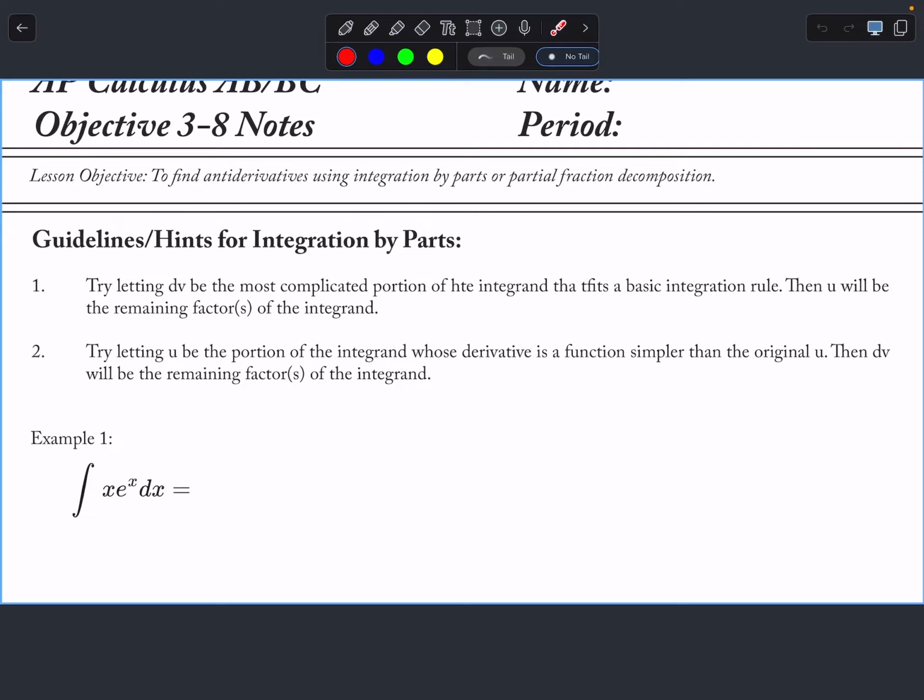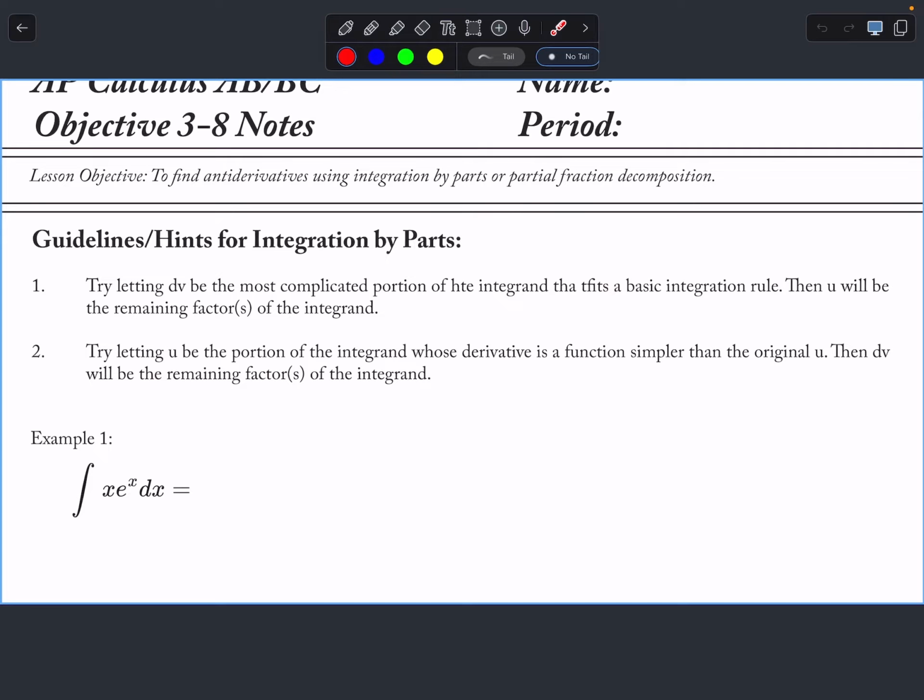Okay, so strangely enough, if you were to look at the video, I have a couple of videos for this lesson, and in the old video, for some reason, I eliminated the most important part out of the notes that are here. I left the guidelines for when you use it, but what I left out was the actual formula.